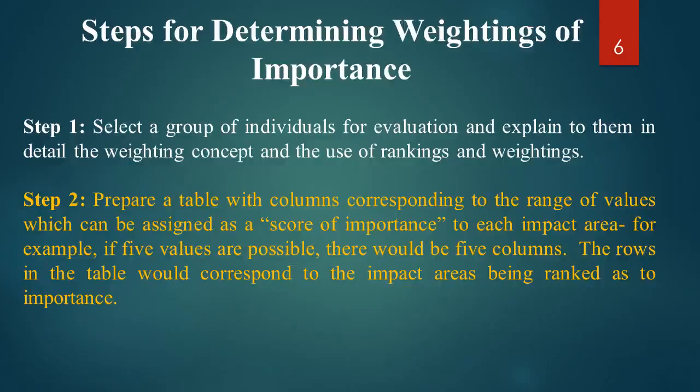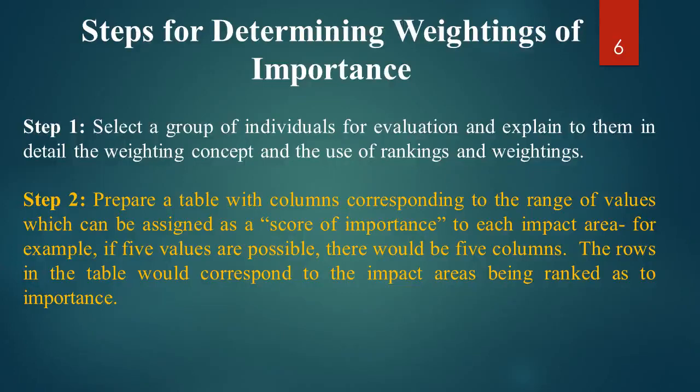Steps for determining the weightings of importance. In step 1, select a group of individuals for evaluation and explain to them in detail the weighting concept and use of rankings and weightings.